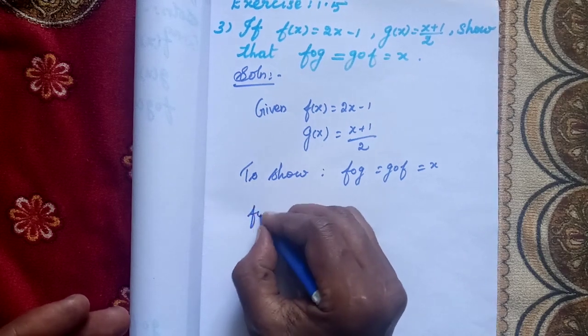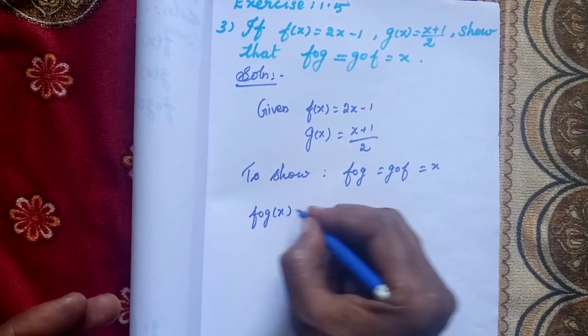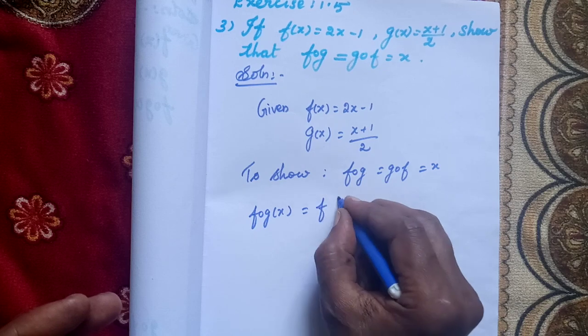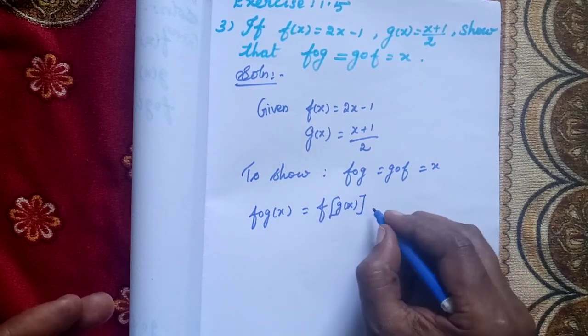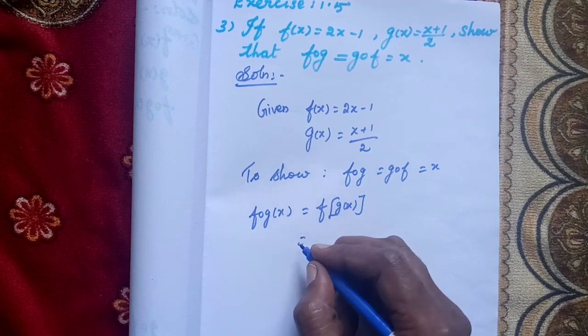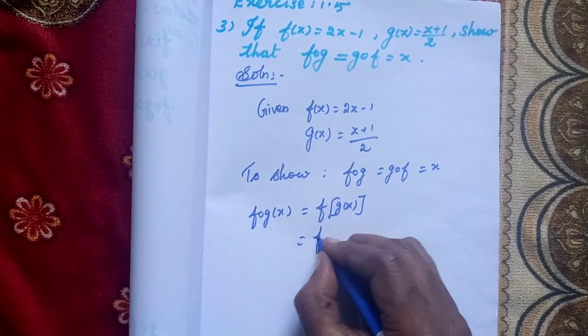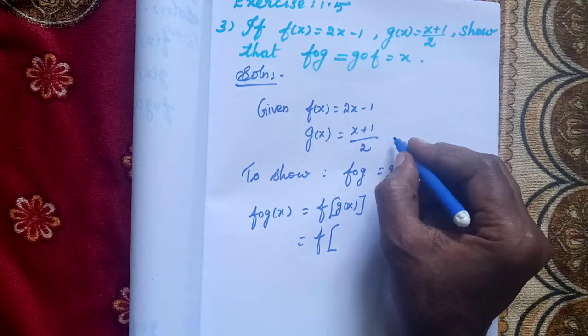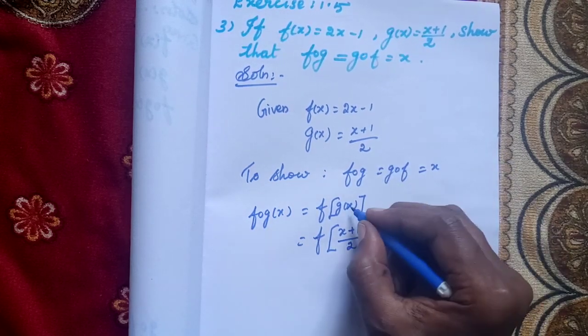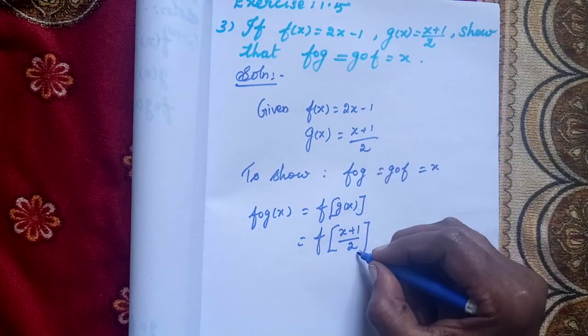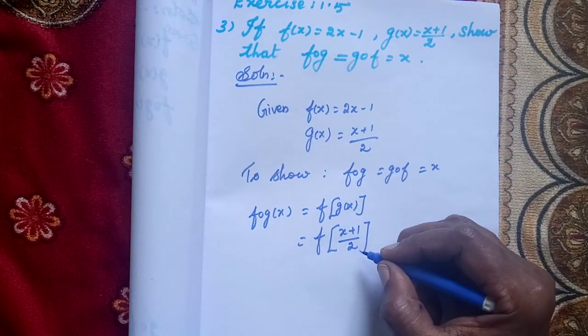F composite g of x is equal to f of g of x. It's equal to f of g of x, whose value is (x plus 1) by 2. G of x in place we have to substitute this (x plus 1) by 2.